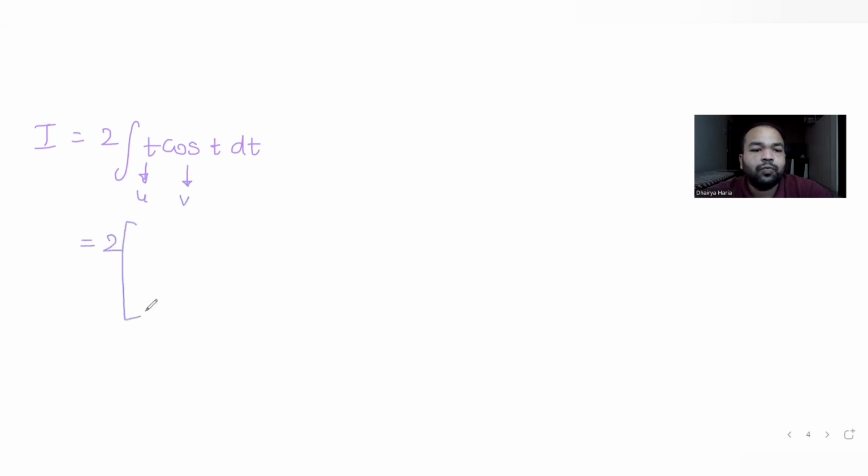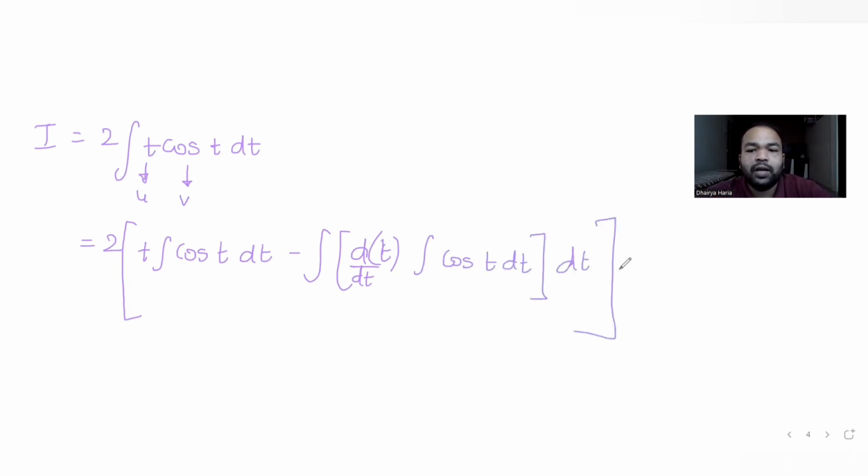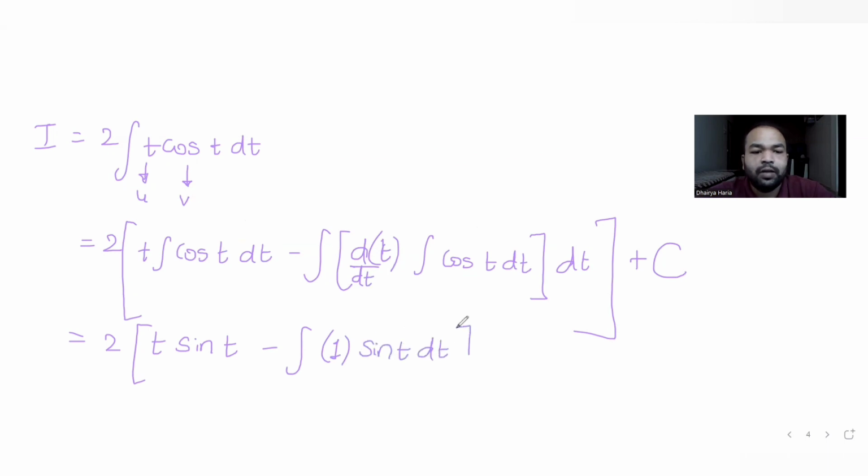So it becomes 2 times t into integral cos t dt minus big integral of the derivative of t with respect to t and the integral of cos t dt, the whole with dt, plus c. So this becomes t, and the integral of cos t is sin t. So sin t minus integral of the derivative of t, which is nothing but 1, and the integral of cos t is again sin t, dt, plus c.